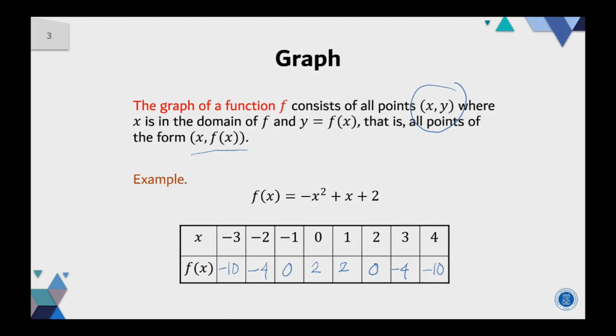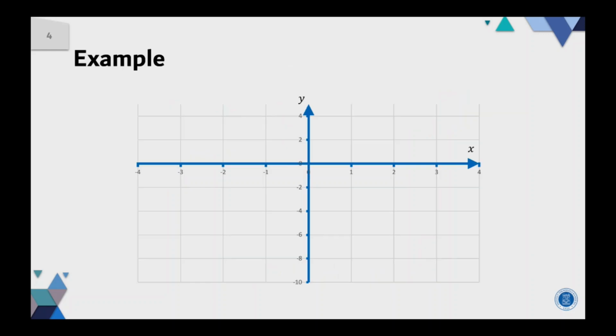Okay, so we have counted some of the points, and now we try to plot them in the rectangular coordinate system. So the first one is (-3, -10). So this is (-3, -10) here. And then we have (-2, -4). And then we have (-1, 0). Another one is (0, 2). And then (1, 2). And then (2, 0).